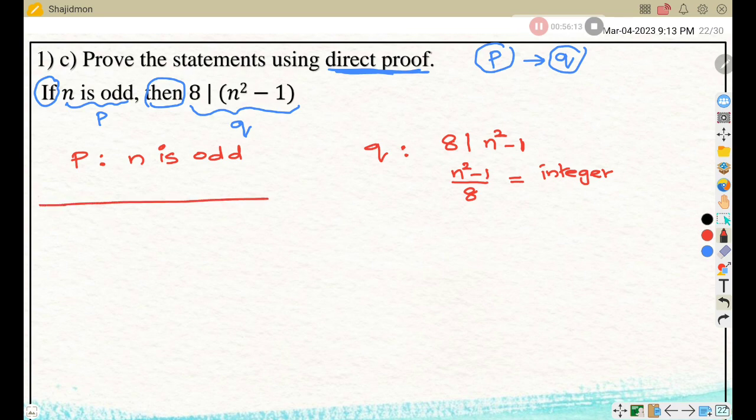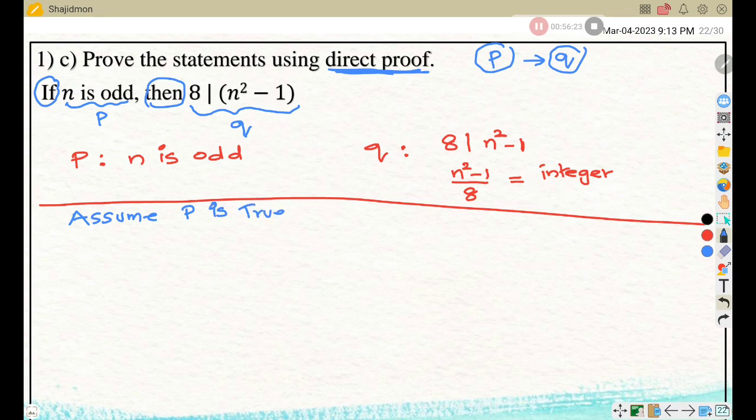Okay, now we will start the question. Where we need to start? Assume that P is true, correct? Assume P is true. What is the P actually? N is odd, correct? P is given here. N is odd means how to write n? N equals, we studied odd number means 2k plus 1, correct?